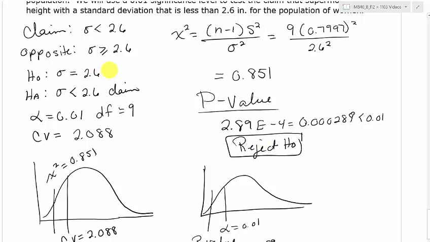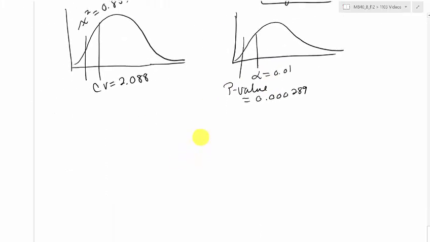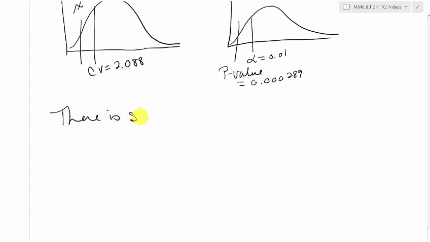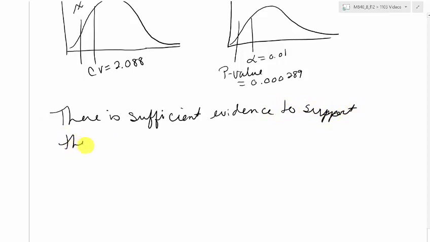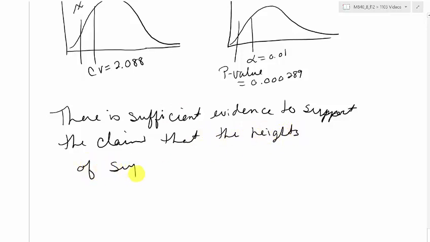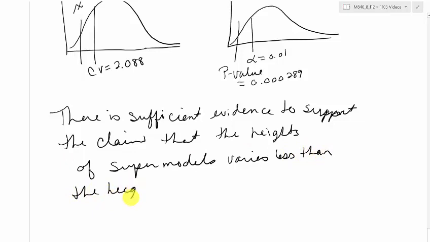We're rejecting the null hypothesis, which quote-unquote means that we're accepting the alternative, and that is where our claim is, and so we do have sufficient evidence to support our claim that the heights of supermodels varies less than the heights of the women in the general population.